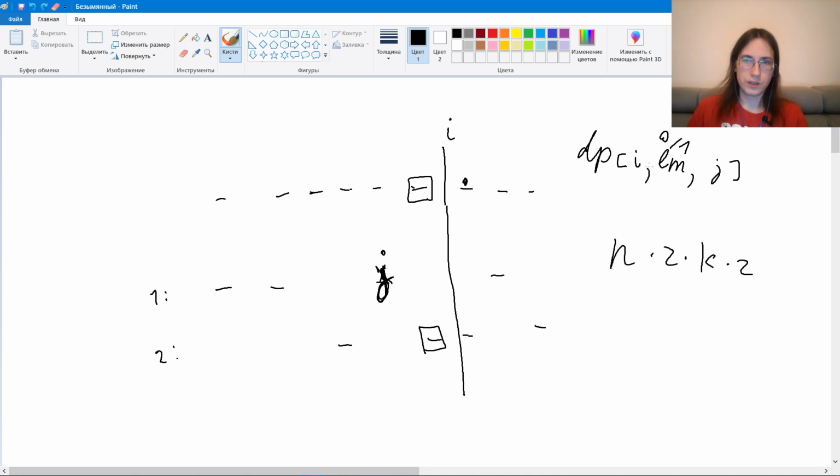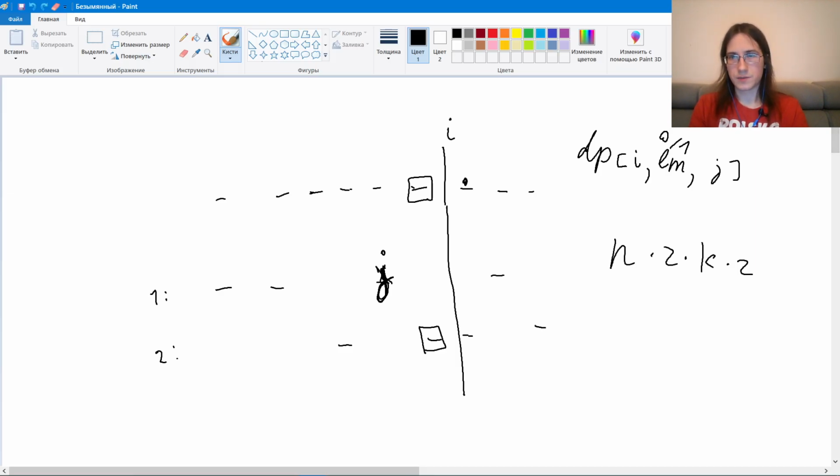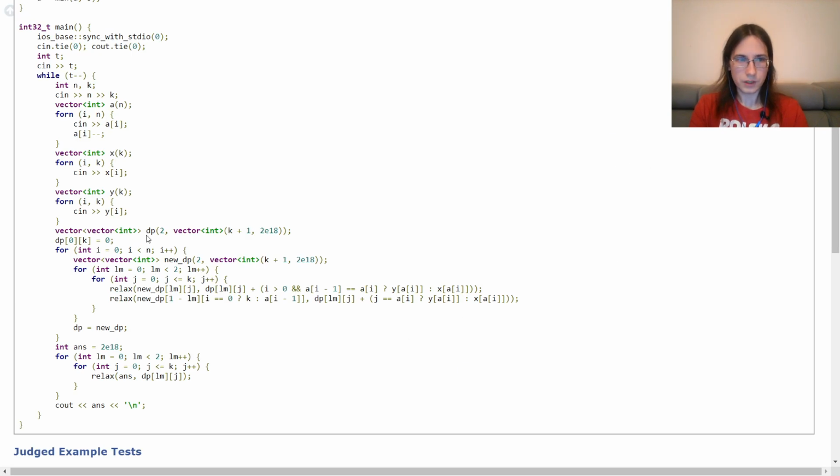So i does not appear in my table. It's intended. It exists, but it has a specific value at every moment in time. All the states that I store have a specific i currently. Initially, i is 0.